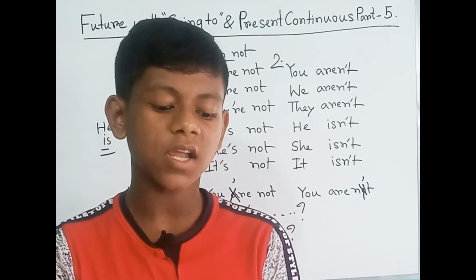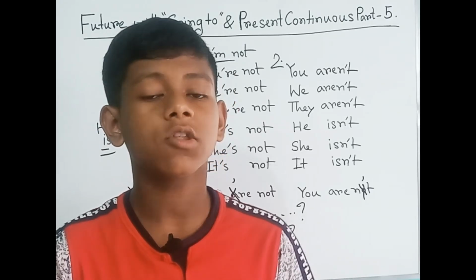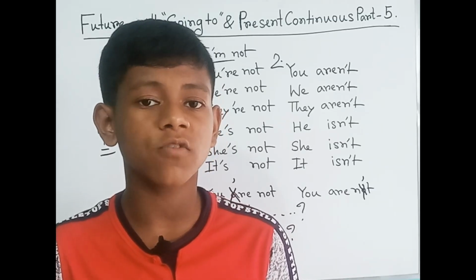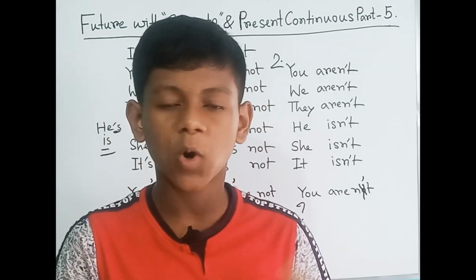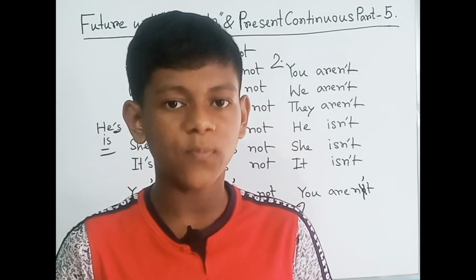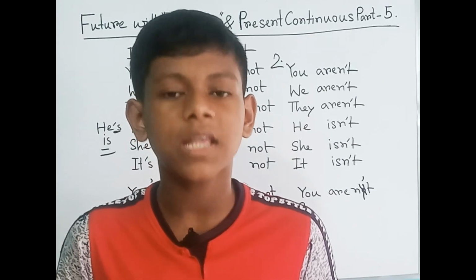So that's it for this video. You have been waiting for the contraction form of this. Now you have it, so practice it. If you read about it and research it, then you can learn.